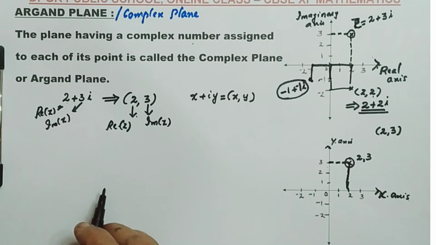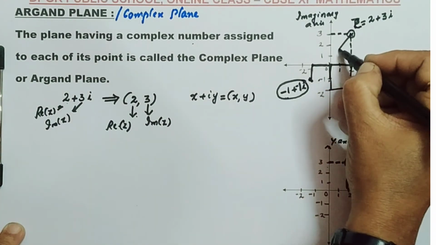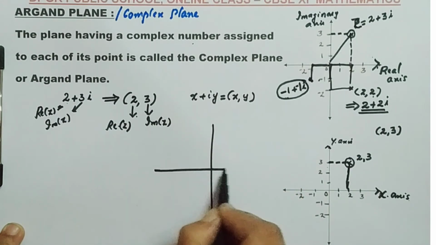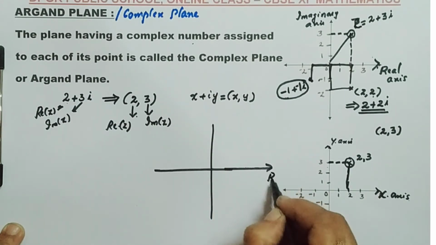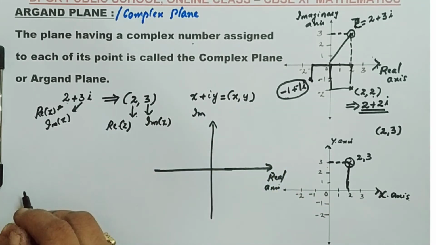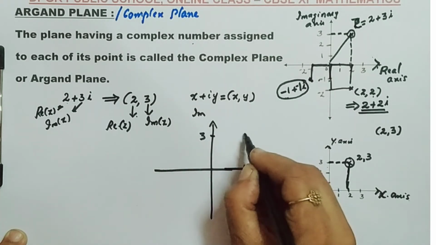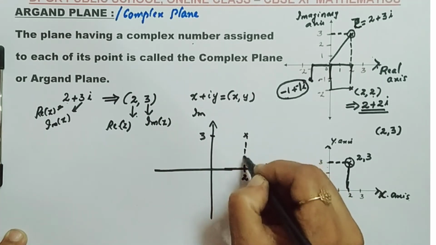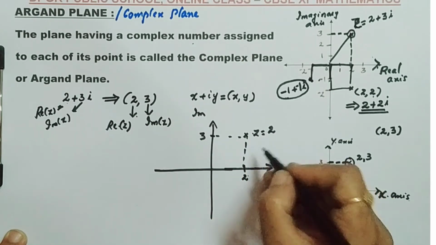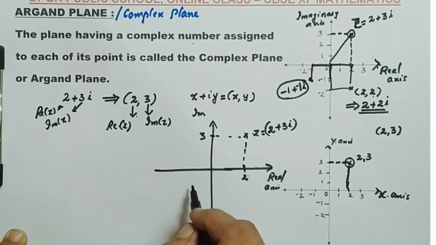A very important point to remember: consider this point again. I am going to mark a complex plane here in which this axis represents the real axis and this one represents the imaginary axis. Suppose I locate the point with x value 2 and y value 3. Then this represents the complex number Z equals the real value 2 plus the imaginary value 3, so 2 plus 3i.